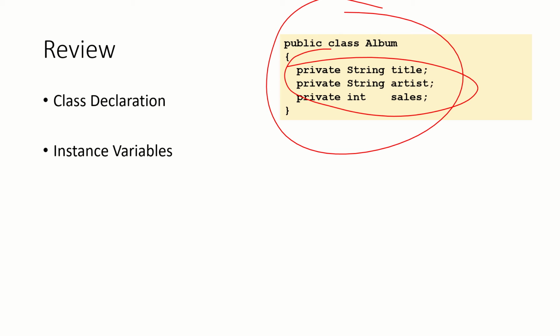So in this example, we have 3 private instance variables, which means they can only be used in this class, Album. But if another class wants to access those instance variables, how can they access them?